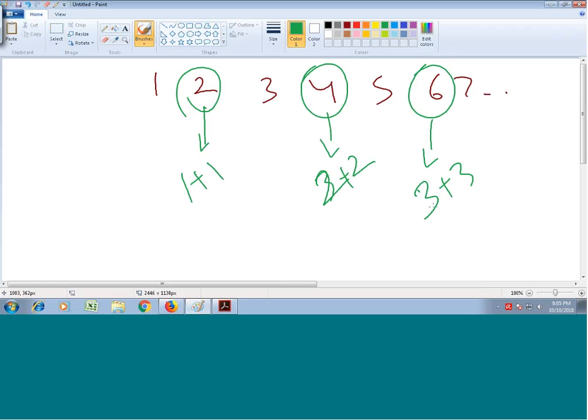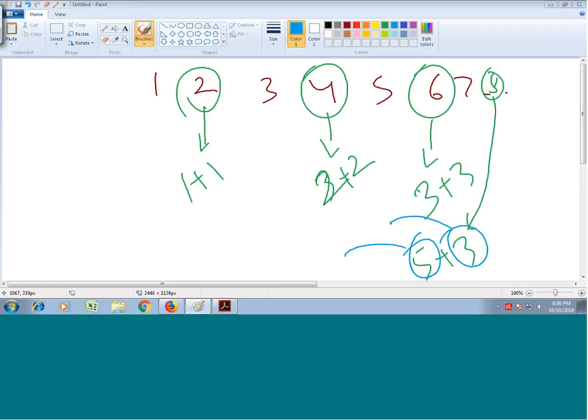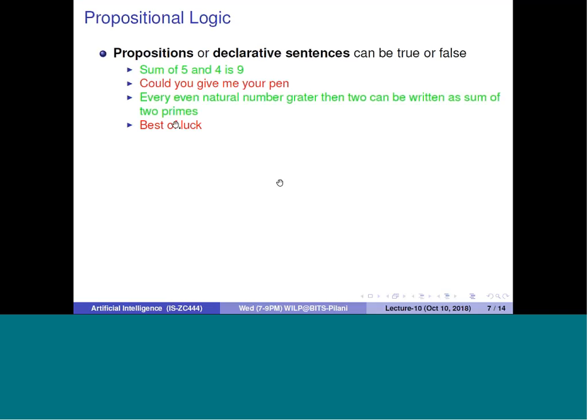If I say 8 over here, every even natural number, how can I write 8? 5 plus 3. It is written by the summation of only two numbers, 5 and 3, and they are prime. So every even natural number greater than 2 can be written as a sum of two prime numbers.